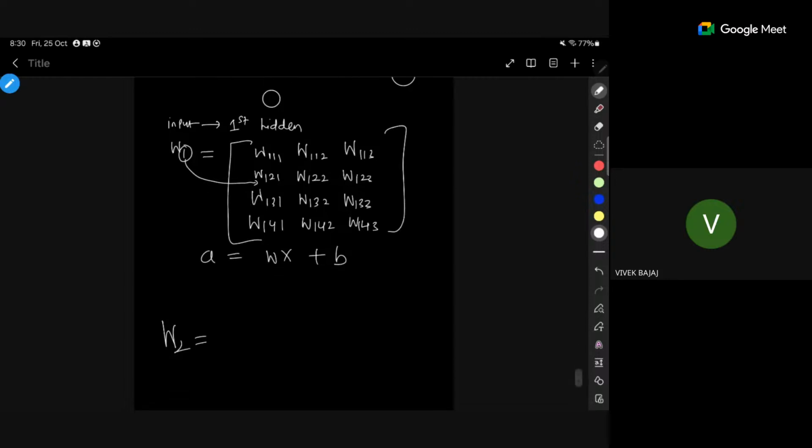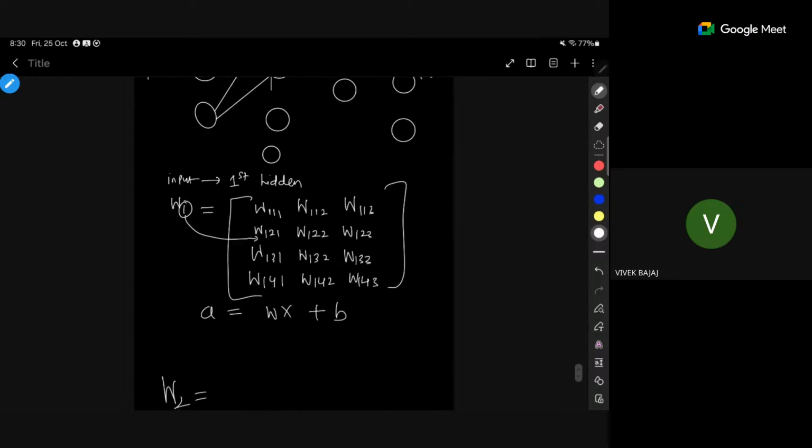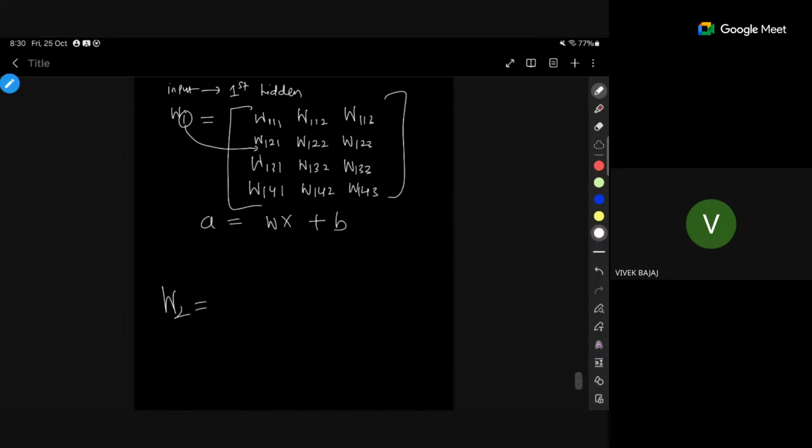And there is going to be terminology called pre-activation, in which we just take the summation. So Wx plus B, the summation part, is called pre-activation. Then I'm going to apply some kind of activation function.